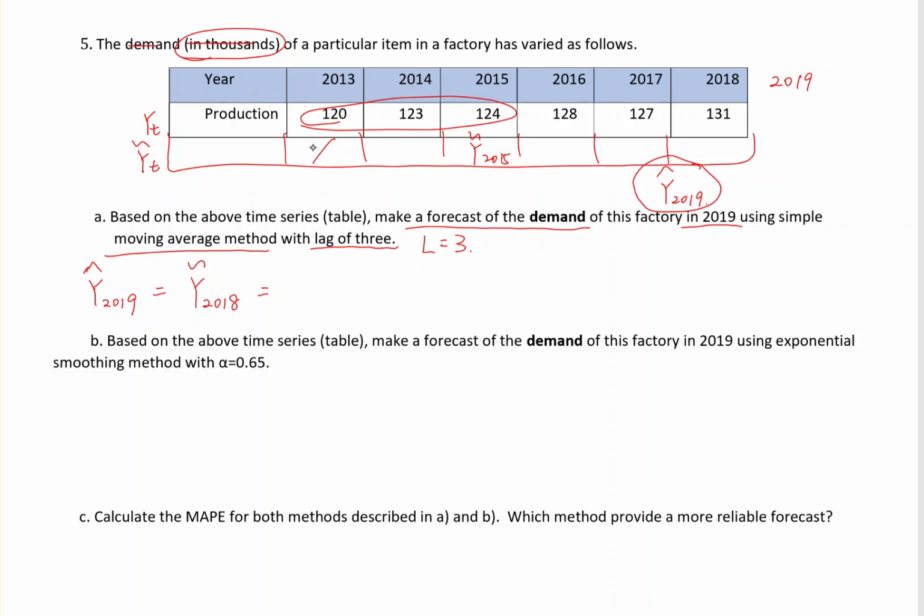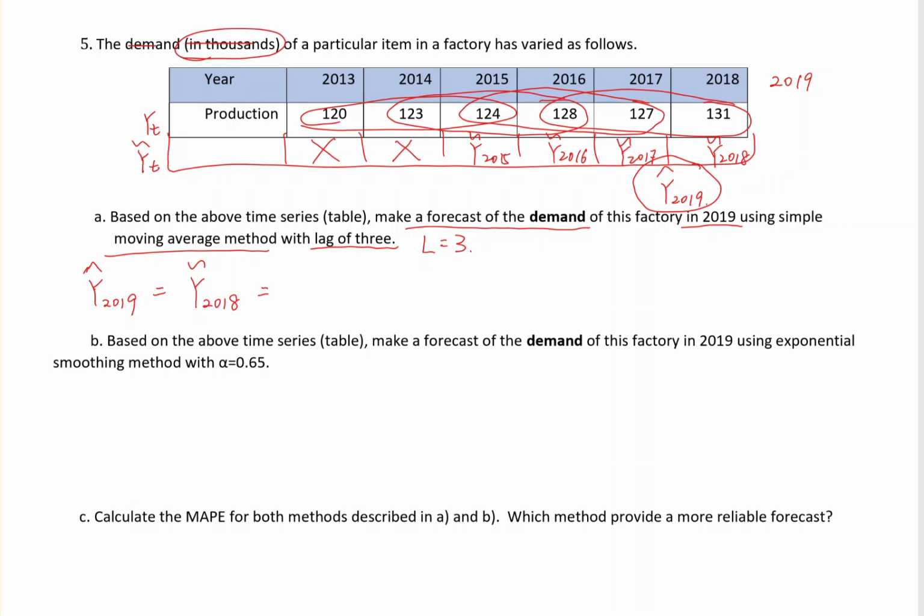There is no value available for these two, right? And then you average these three to get the estimated value of 2016, and then average these three values to get the estimated value of 2017. And then the last one, you average these three to get the estimate of 2018, right?